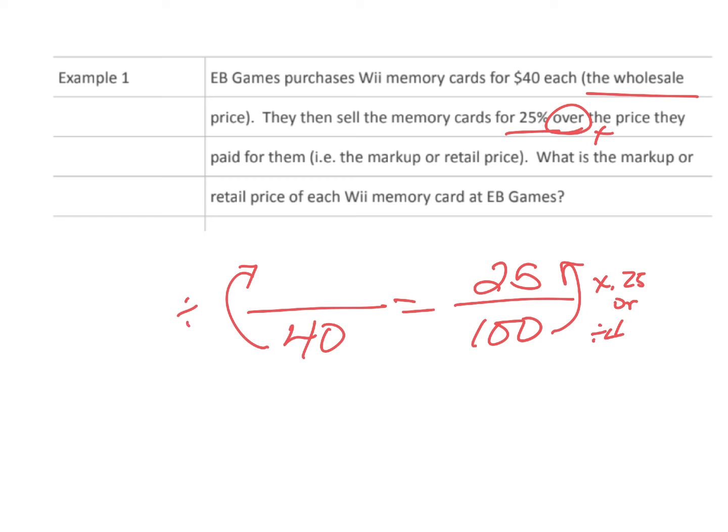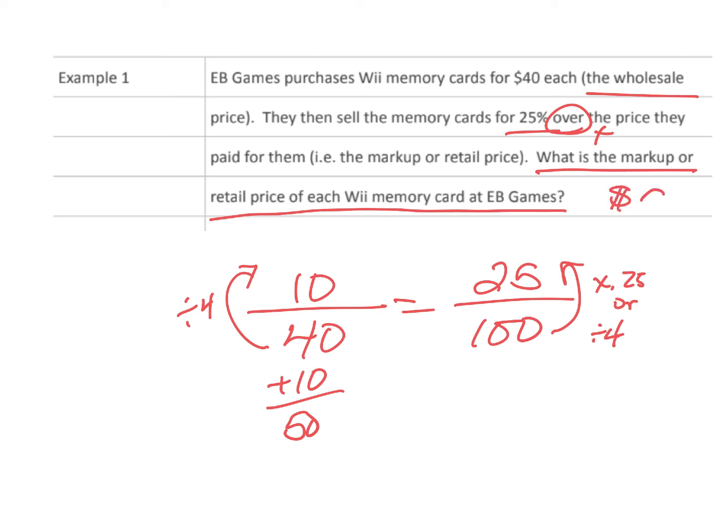Well, divide by 4, we can do this one in our head. 40 divided by 4 is 10. So we have to read the question. What is the markup or retail price of the memory cards at Wii? So I'm going to add it on to the 40 and I get $50. Here's our markup. We add it on and we're selling it for $50.